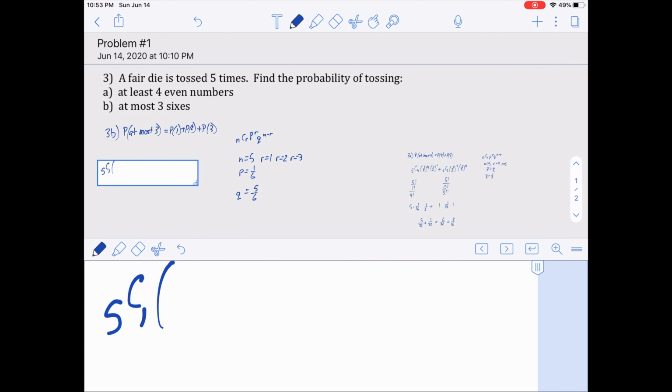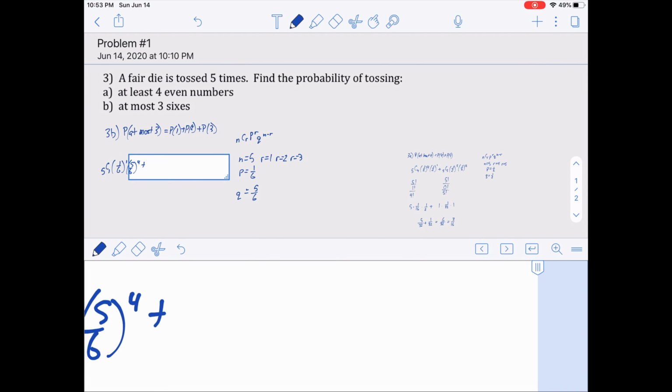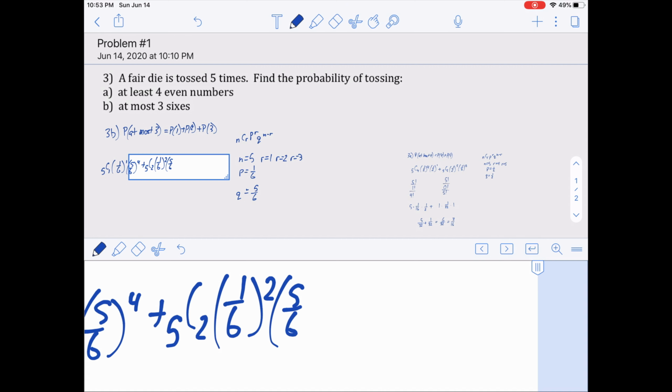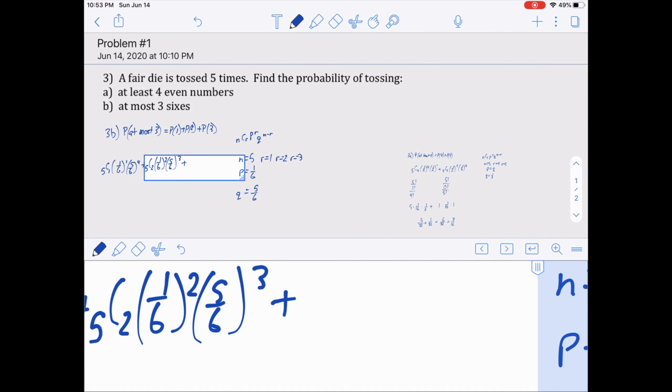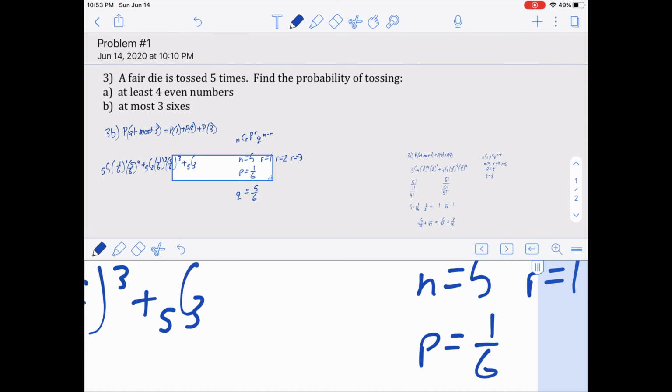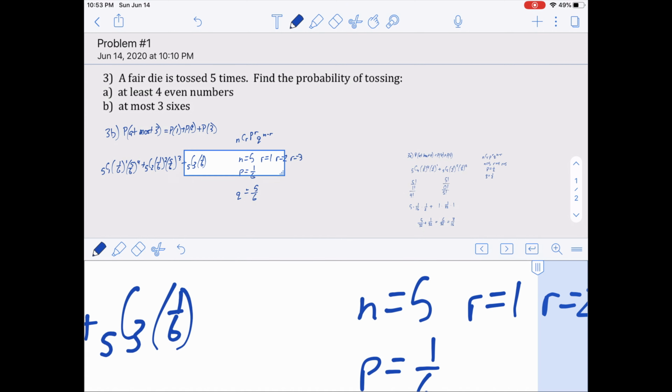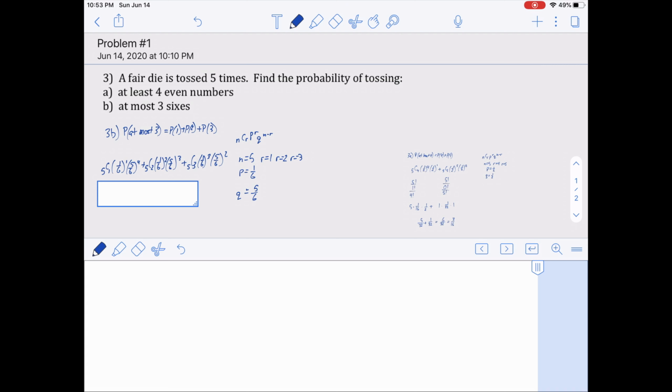So now this becomes 5C1, 1 over 6 to the first, 5 over 6 to the power of 4, plus 5C2 times 1/6 squared times 5/6 to the third, plus 5C3 times 1/6 to the third times 5/6 squared.